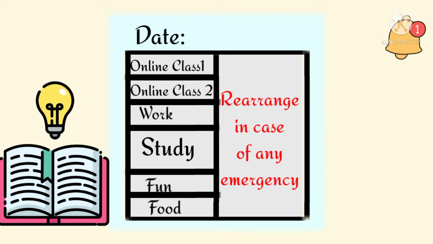And on the right side, if any emergency occurs, or maybe you woke up a little late, then you don't feel demotivated. So, for that purpose, you can use your right side. In the right side, you need to rearrange all the tasks again, so that you will not feel demotivated and end up again doing procrastination.